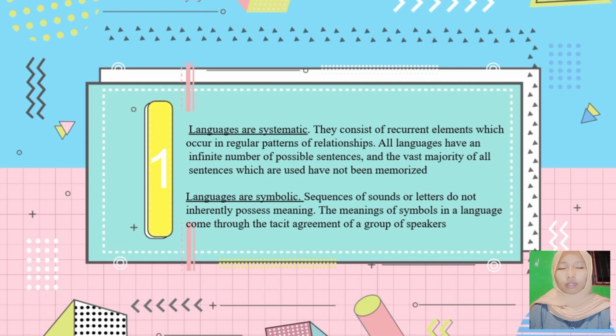Sequences of sounds or letters do not inherently possess meaning. The meaning of a symbol in a language comes through the tacit agreement of a group of speakers.